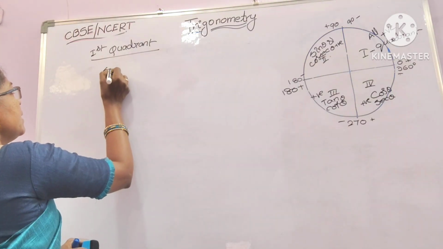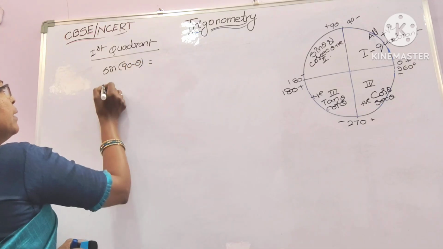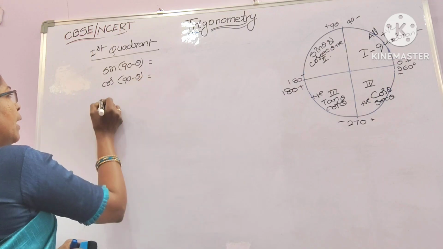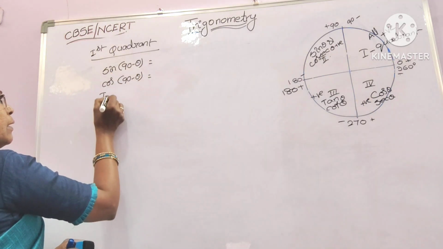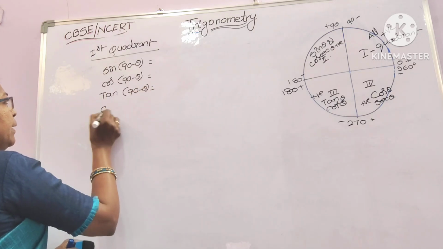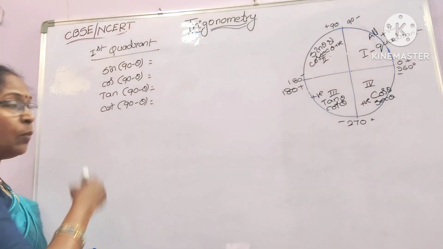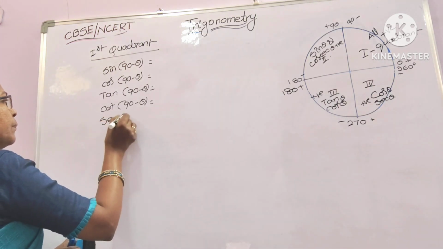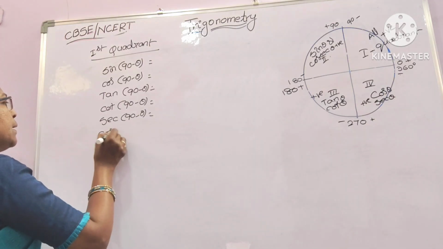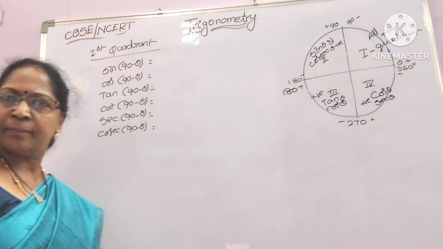Here first one is sine 90 minus theta. Next cos 90 minus theta. Again tan 90 minus theta. Again cot 90 minus theta. Then secant 90 minus theta, and last one is cosecant 90 minus theta. First you write.